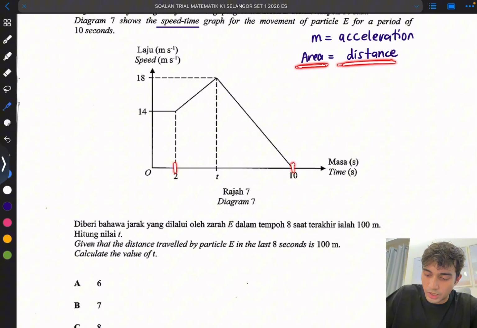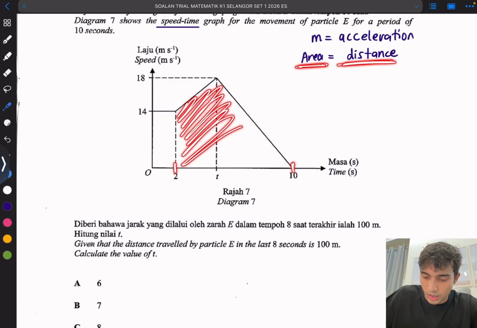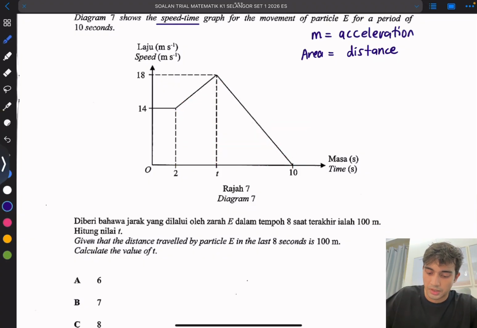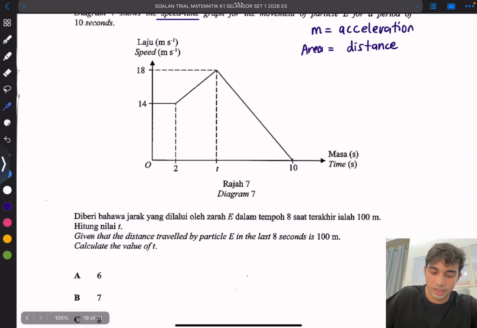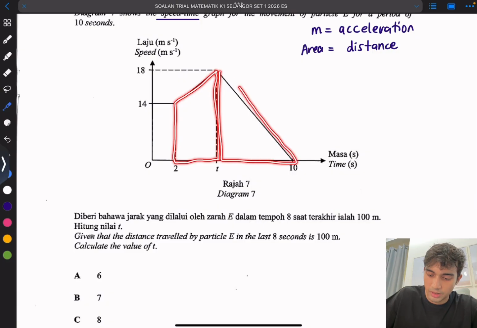So from here to here, our area under the graph is 100 meters. Then we need to find the value of t. So we find this area. This area plus this area must be equal to 100.